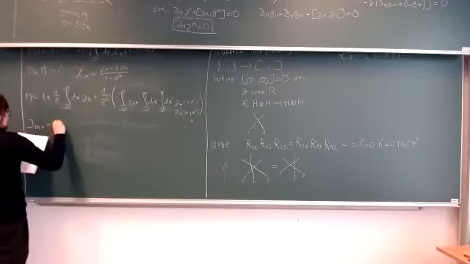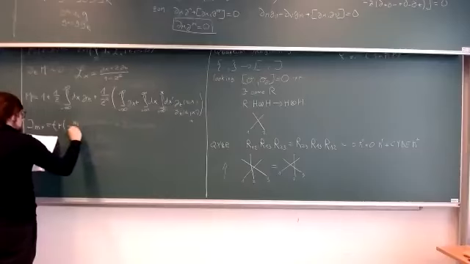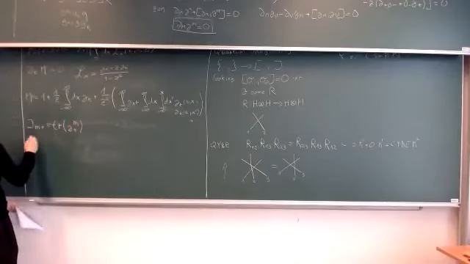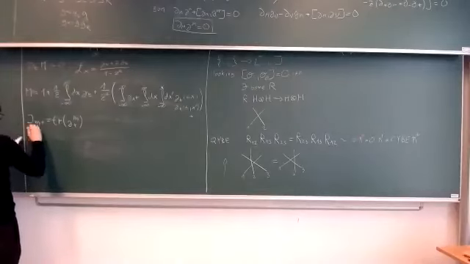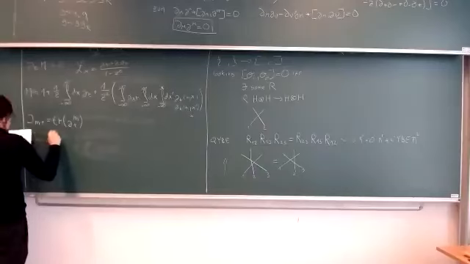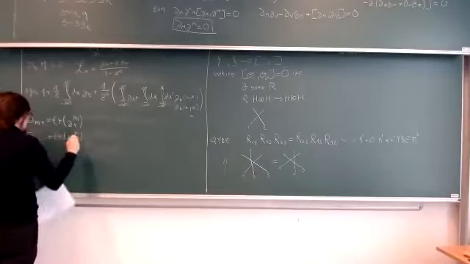It will be traces of powers of these fields. So if I take j plus to the n power and I trace it, I get infinitely many of these, and I can do the same with minus. This will also be conserved.